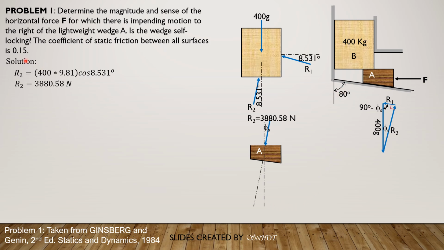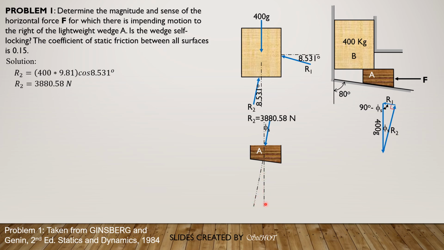And because the angle of friction is only 8.531, remember that friction should be to the left over this wedge here. So the resultant, therefore, between the normal and the friction is somewhere between these two.